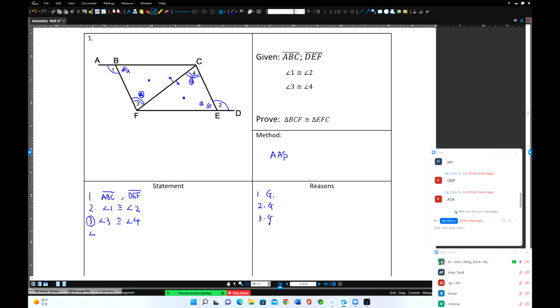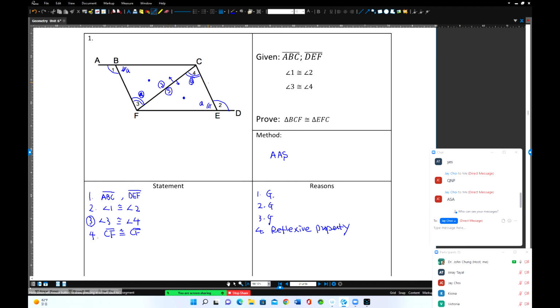Now we're going to try the next one. CF, reflexive first: CF is congruent to CF, by the reflexive property. This is done. One side is done already.